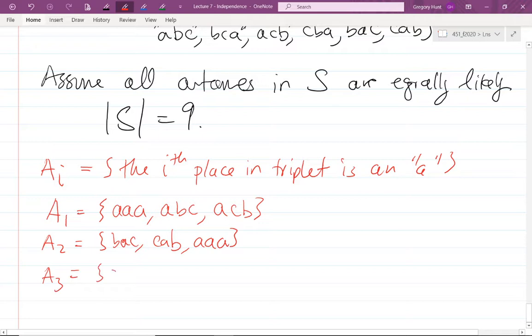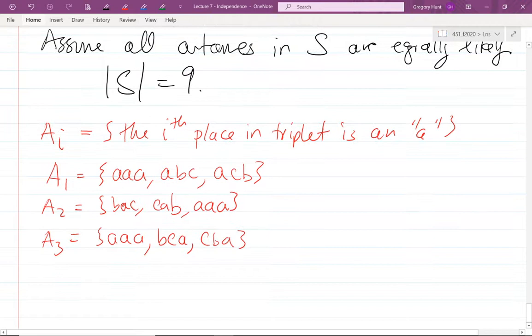And A sub 3: AAA, A is in the third place there, and we get BCA and CBA. Notice that each of these individual A sub i has 3 elements. 3 out of 9 gives us a probability of a third each.